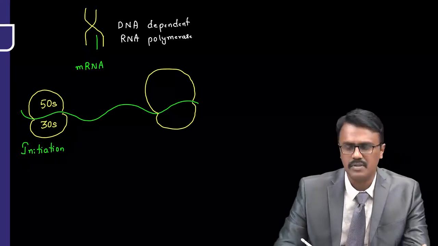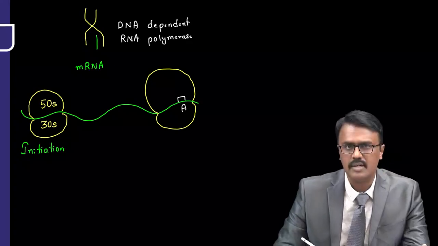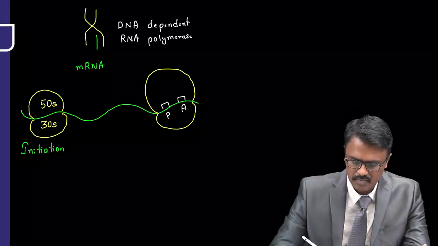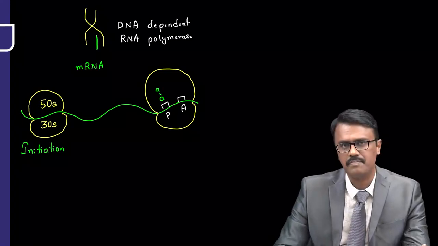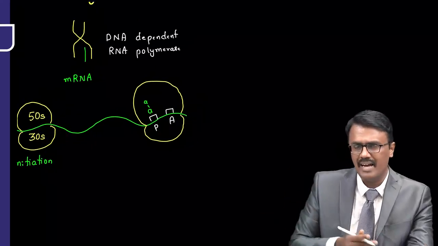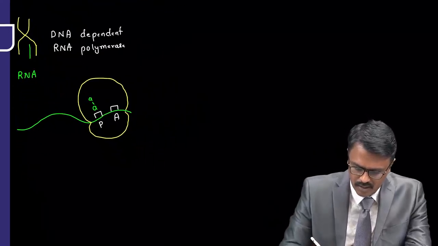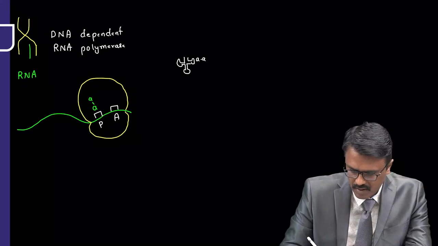Now, in this protein synthesis, we have something called the A site, the acceptor site, and a P site, called the peptidyl site. Initially the P site will have some amino acid attached to it. Now, the remaining amino acids have to come and get attached. So there is an RNA called transfer RNA, the tRNA, which carries the amino acid.